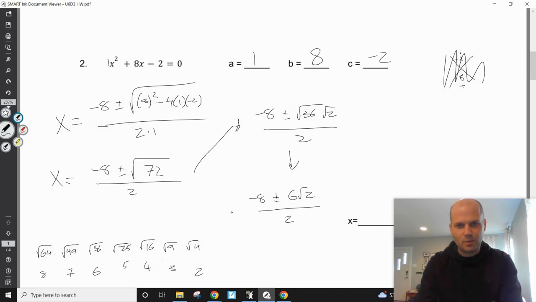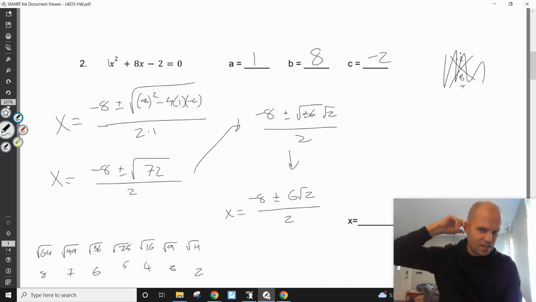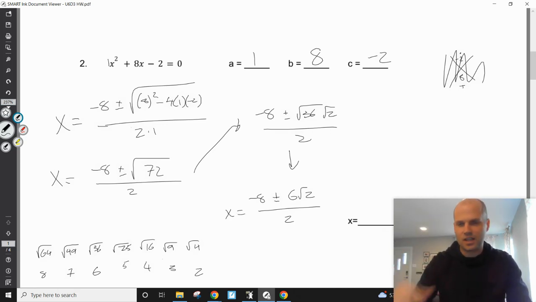Now, typically with the quadratic formula, they don't like answers like this. They like two separate answers. So they actually want you to simplify anyways, which is why I like the form on the left, because it does the simplification along with it. Both of these pieces can be divided by 2, which means the 8 divided by 2 turns into 4, and the 6 divided by 2 turns into 3.